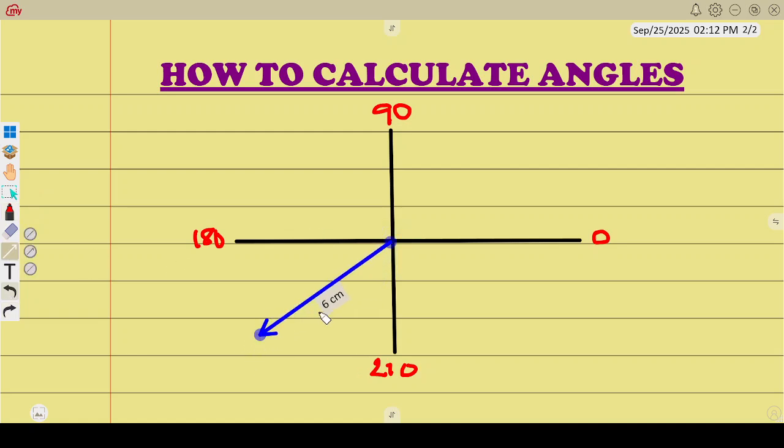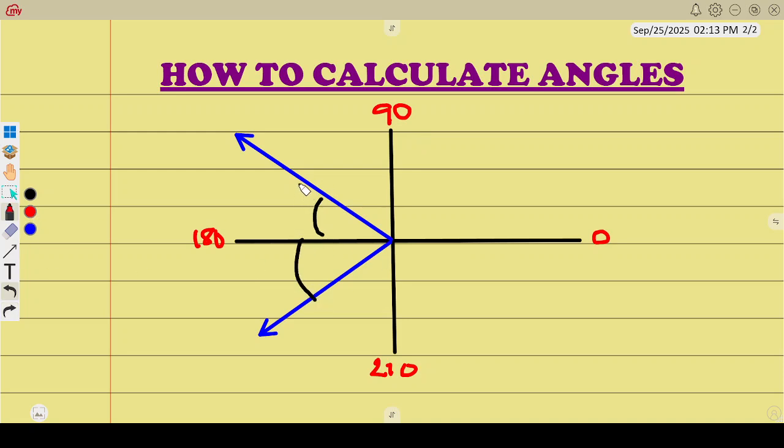So let's put something in here and something in there. How do you read angles from the positive x-axis? If it is here, you add to 180. Here you subtract from 180. Then let's look at these two cases.